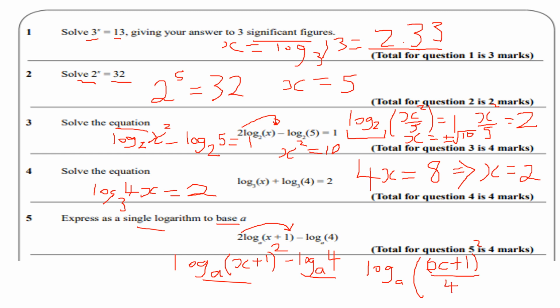Now it wants it like a single logarithm, so I'm going to expand and simplify this. If I do that, I'm going to have log to the base a of x squared plus 2x plus 1 all over 4.